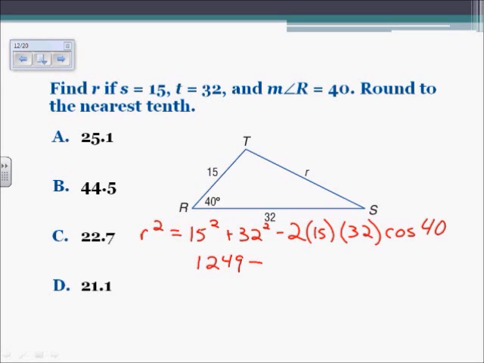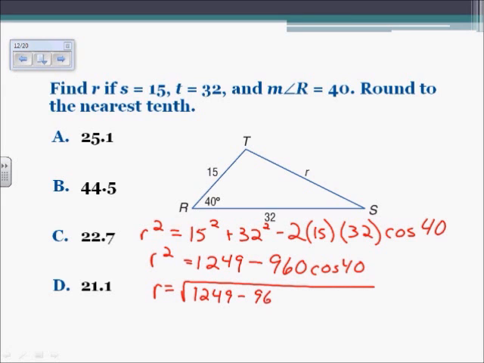So 2 times 15 times 32 will give us 960, and we'll leave the cosine 40 there, and this is equal to r squared. Now that we have that set up, we can square root both sides, and we'll have r is equal to the square root of 1,249 minus 960 cosine of 40.